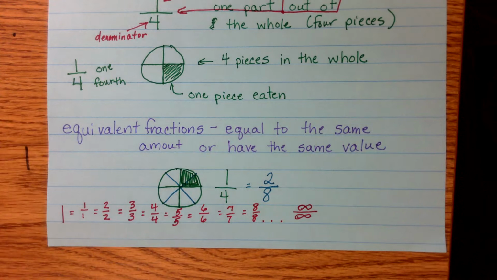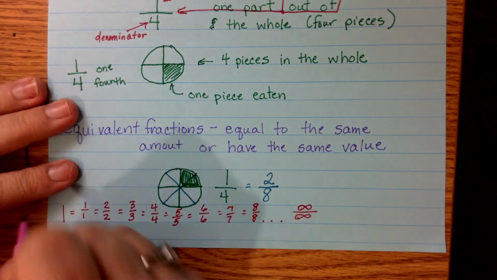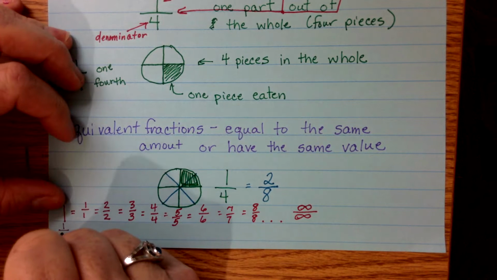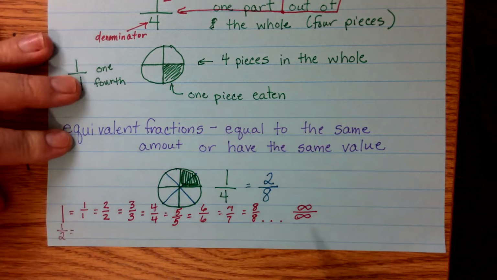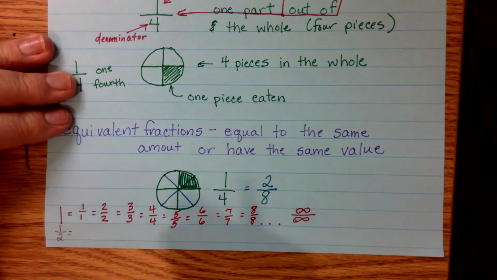Okay? Our halves are the same way. It's super easy to look at our halves and say, okay, a half of something is 1/2, or 1 out of 2. And it literally is half of the number that's on the bottom.